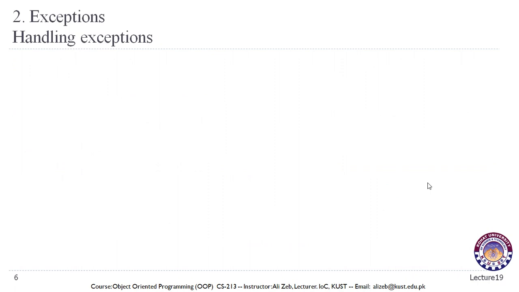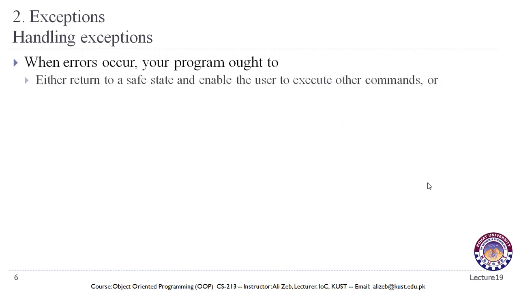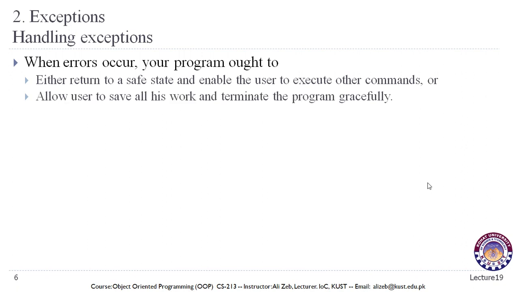Handling exceptions. How do we handle the exceptions? When errors occur, your program ought to either return to a safe state and enable the user to execute other commands, or allow the user to save all his work and terminate the program gracefully. As a developer or as a programmer, what should not happen is for our program to crash somewhere that is not comfortable for the user, or in a way that is not desired by the user.